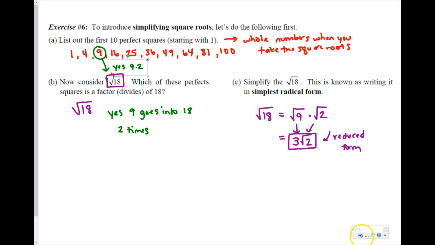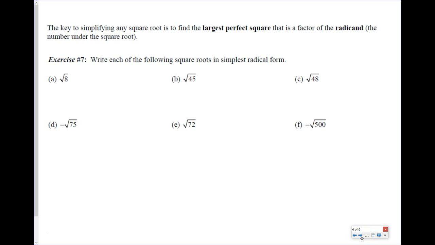The key to simplifying any square root is to find the largest perfect square that is a factor of the radicand, what's underneath it. If you pick not the largest, you have to keep simplifying until you get to the smallest. So I'm going to write those out again up here: 1, 4, 9, oh, I skipped 16, sorry. So 1, 4, 9, 16, 25, 36, 49, 64, 81, and 100.